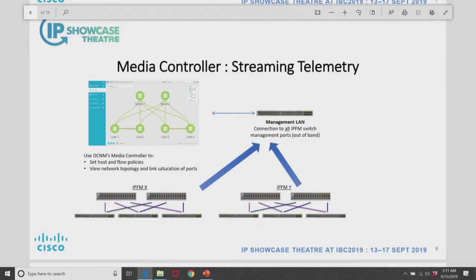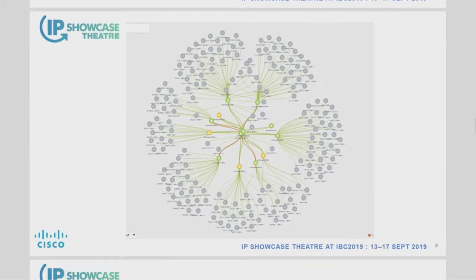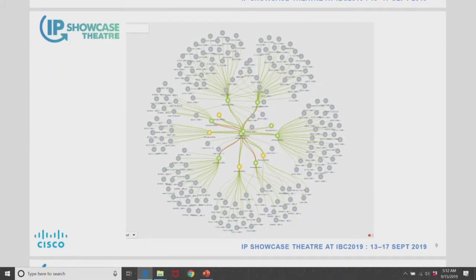What I'm showing here is the Cisco DCNM media controller, showing the flows, where the flows are, where the hosts are connected, and if you're trying to troubleshoot an issue, it is a tool to give broadcast engineers access to the state of the network. I like this picture just because it looks cool. This is a reflection of all the spines and leaves.